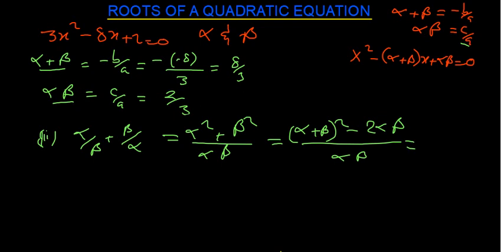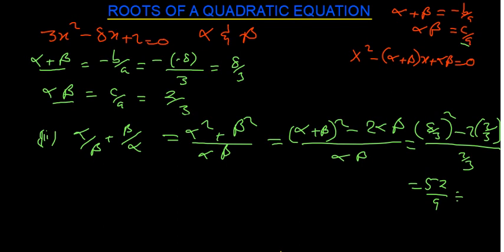So now we know that alpha squared plus beta squared is the same as alpha plus beta squared minus 2 alpha beta, and down we have alpha beta. Alpha plus beta, we found 8 over 3, and then we are saying squared. Then minus 2 times alpha times beta, we found 2 over 3. Then that divided by alpha times beta, which we found as 2 over 3. If we take 8 over 3 and square that, and then subtract 2 times 2 over 3, we should again get 52 over 9.